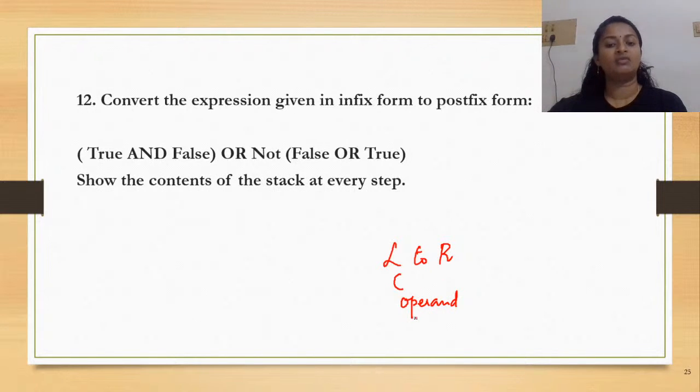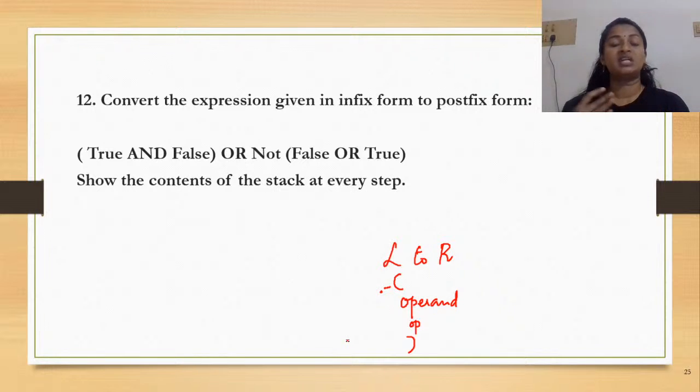And then whenever you encounter an operator, what happened? It is pushed onto the stack, but you had to maintain the priority or the precedence order of the operator. Then, whenever you encountered a right parenthesis or a closing bracket, everything from the stack was popped out till you get a matching left parenthesis.